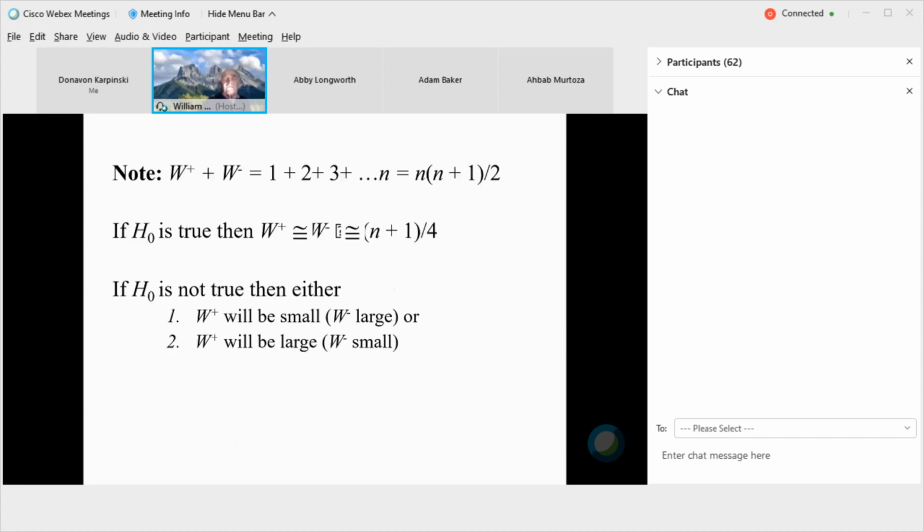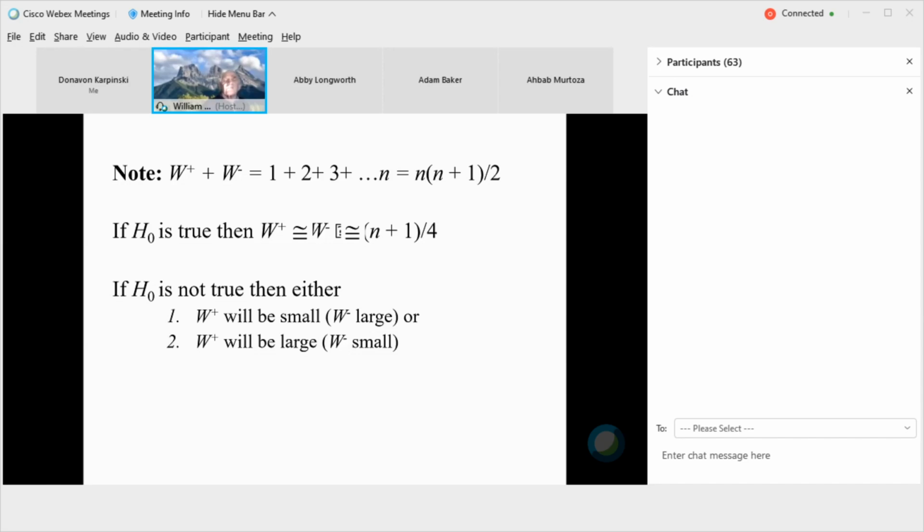Both of those, if you know one, you know the other. If you add W plus and W negative together, you just get all of the ranks. That adds up to n times n plus 1 over 2. And if H naught is true, W plus and W negative should be approximately the same, equal to a half of that, n times n plus 1 over 2.